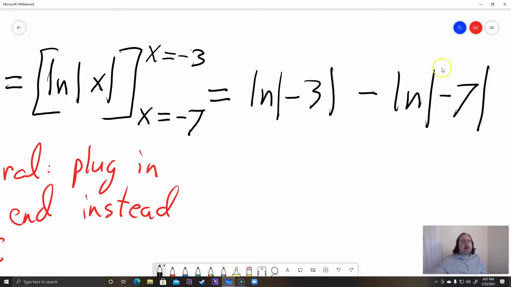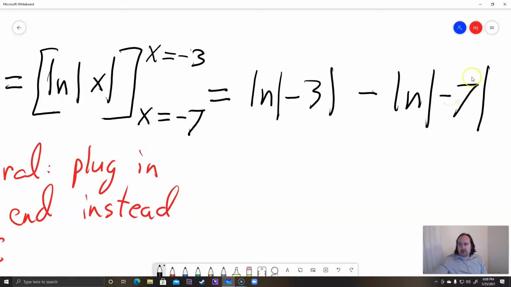Okay? All right, and then here you can see why we have absolute values. So the reason we have absolute values is, as we can see here, if we didn't have the absolute value, we would have ln of -3, which is undefined. Logarithms are only defined for positive numbers. They're not defined for negative numbers.